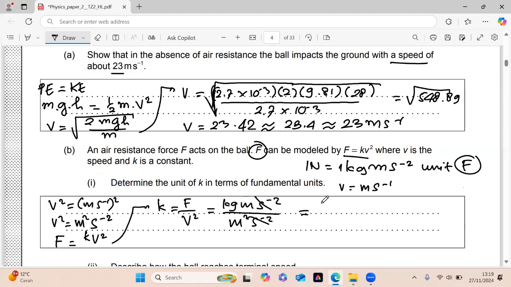Divided, it becomes kilogram over meter, or kilograms meter power minus 1. And this is the unit of k based on the fundamental units.